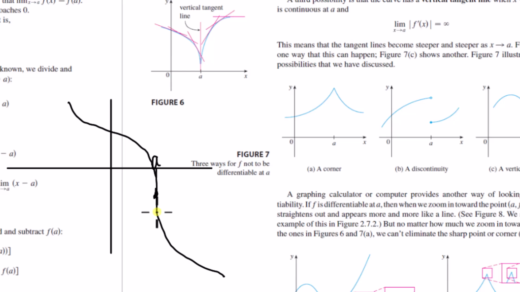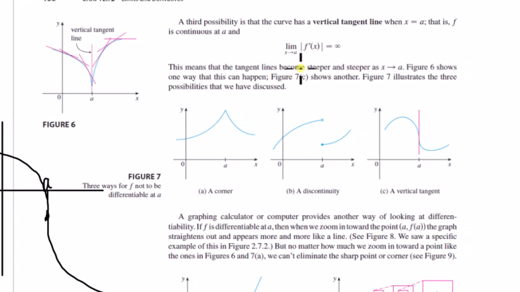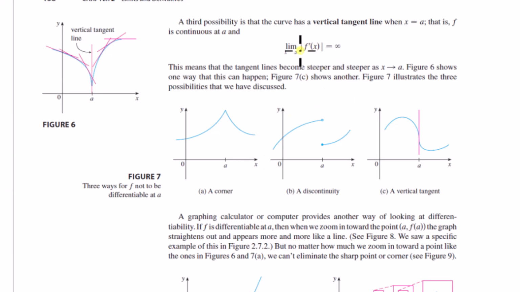So in that case, you'd have a true vertical tangent, in which case the limit as x approaches a of just the derivative is equal to infinity, not the absolute value. So this is another way that the function is not differentiable, at these vertical tangents when the derivative goes to infinity, because an infinite limit doesn't exist, right? But it's a unique type of non-existence, a vertical tangent.